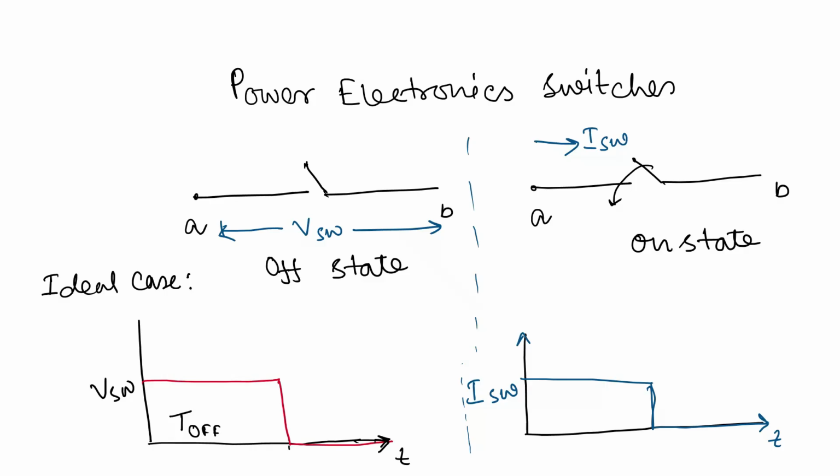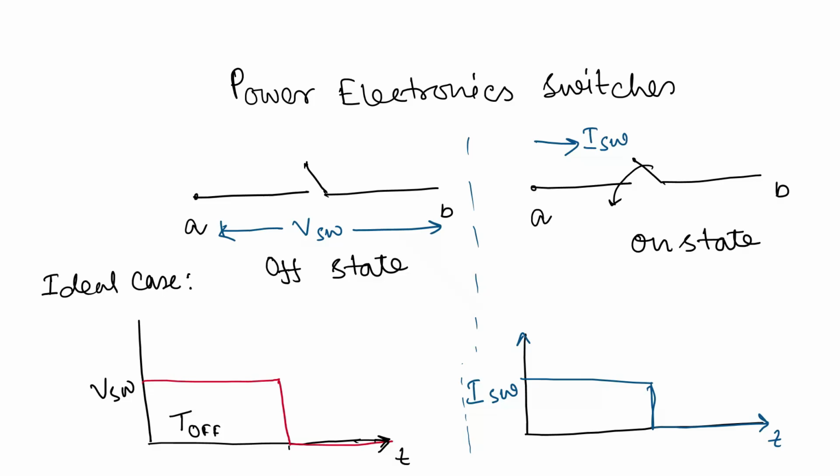First we will learn about ideal switches, and then we will learn about practical switches. In the ideal case, consider the off state, when the switch is in the off position.